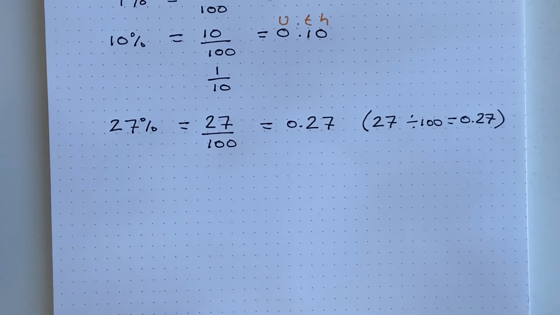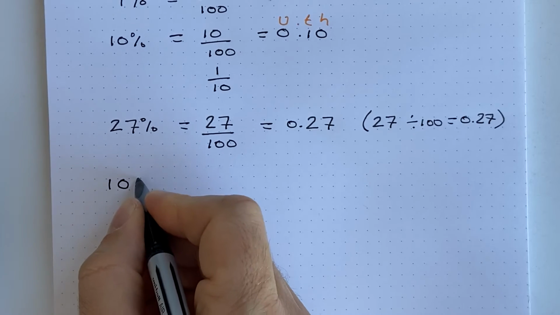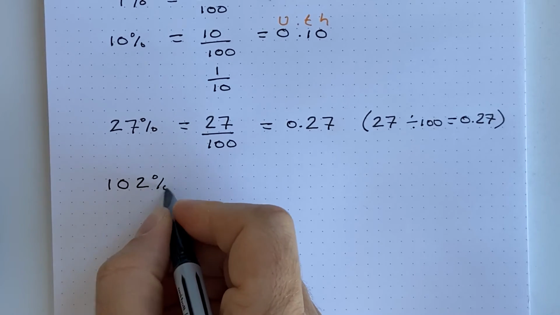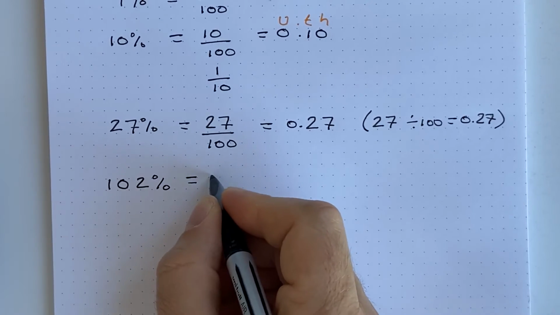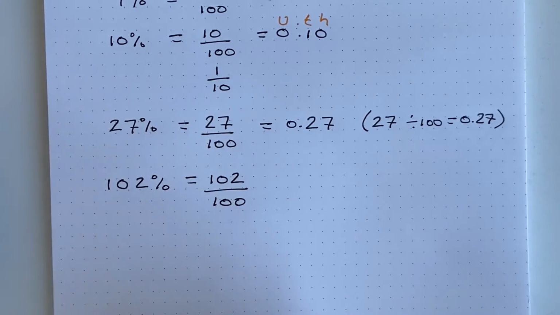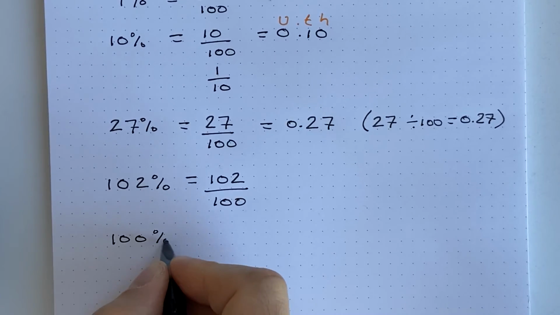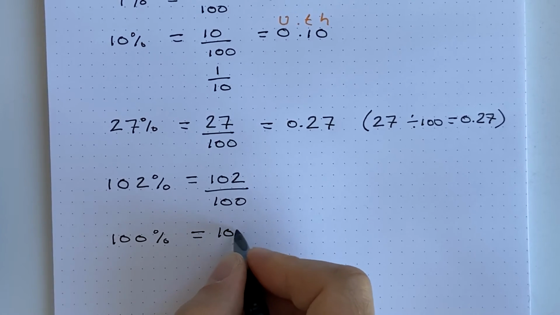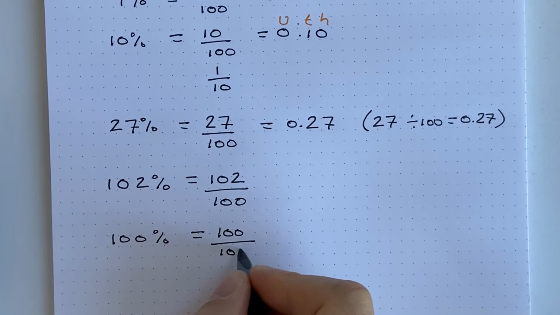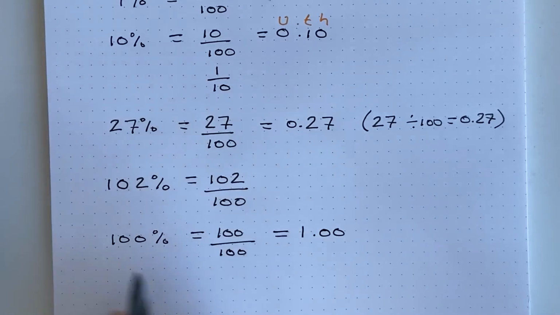The percentages we're going to be using, we can actually get percentages that are more than 100. We can have 102%, which is just 102 over 100. Okay, now remember, if you had 100%, yeah, that would be 100 over 100, 100 hundredths, which is 1.00, the whole.